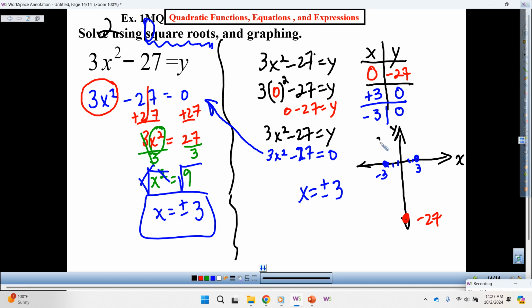Connect your points from left to right. And then we point to that one and that one and write solutions. Solutions. All right, send me a picture of your notes, please. I want to see what you wrote.